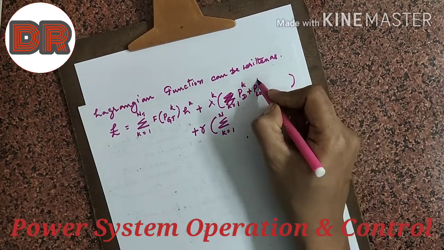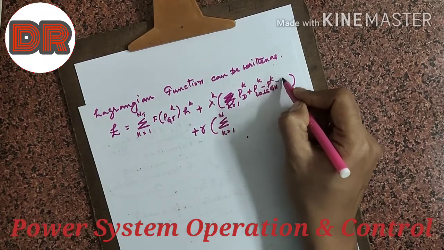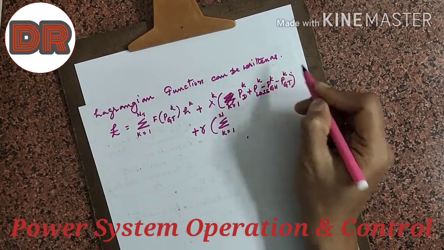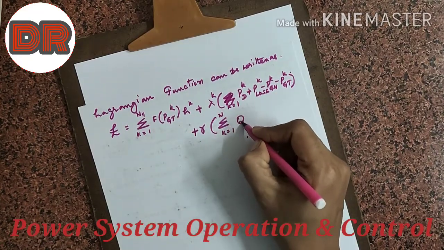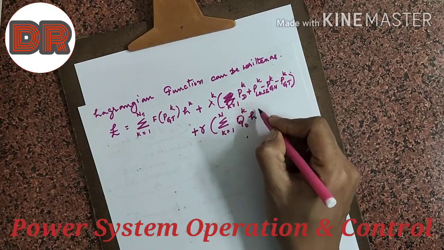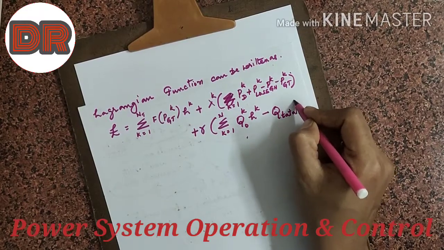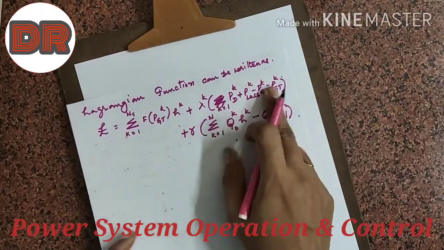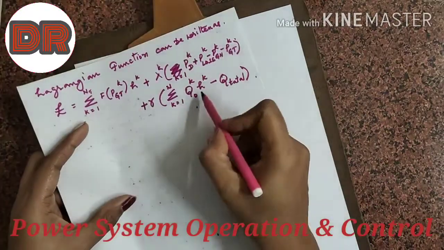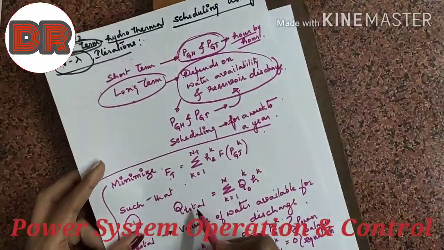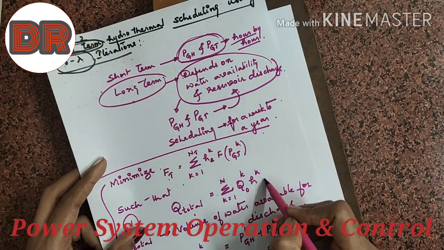So PDK plus P loss K minus PGH K minus PGT K, and gamma is for water volume: Q naught K H K minus Q total.